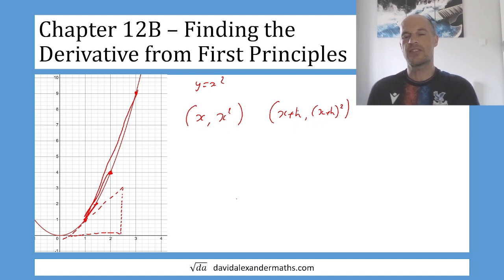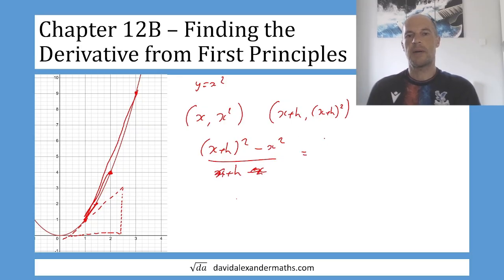And remember that this plus h that I'm adding on is that infinitesimally small amount that we were talking about. So the gradient again is just change in y over change in x, so it's going to be x plus h all squared, take away x squared, over x plus h take away x. So those x's on the bottom will cancel. Expand the brackets on the top, I'm going to get x squared plus 2xh plus h squared take away x squared all over h.